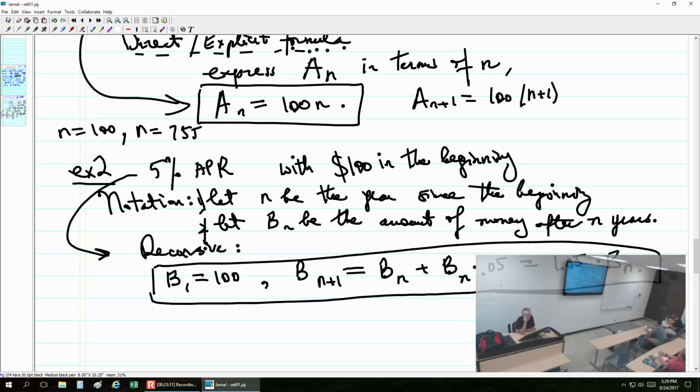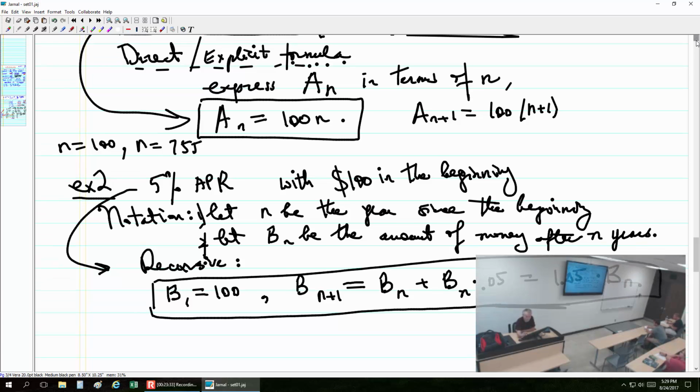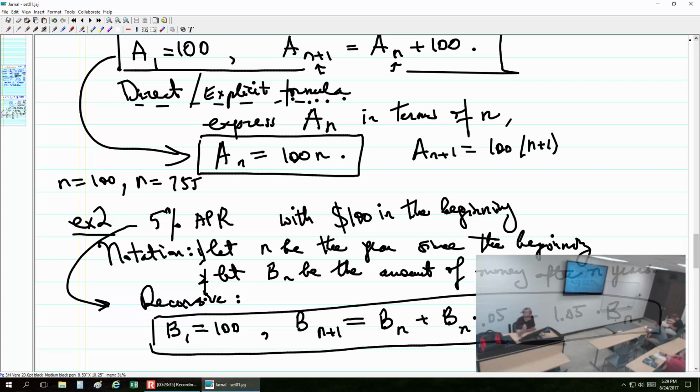So in other words, the difference from the last example is that instead of adding a certain amount every time, mathematically speaking, instead of adding a fixed amount every time, we are multiplying by a fixed number. Adding a fixed number versus multiplying by a fixed number.